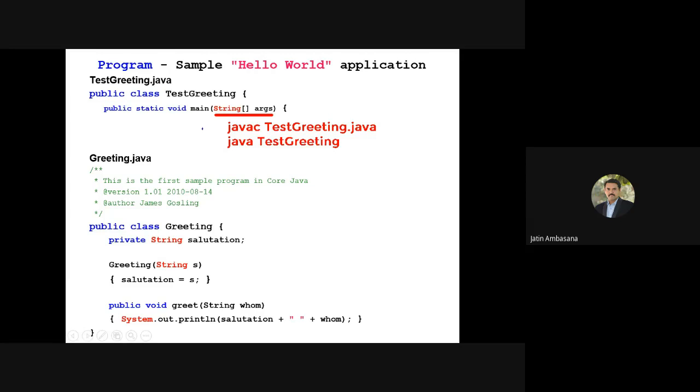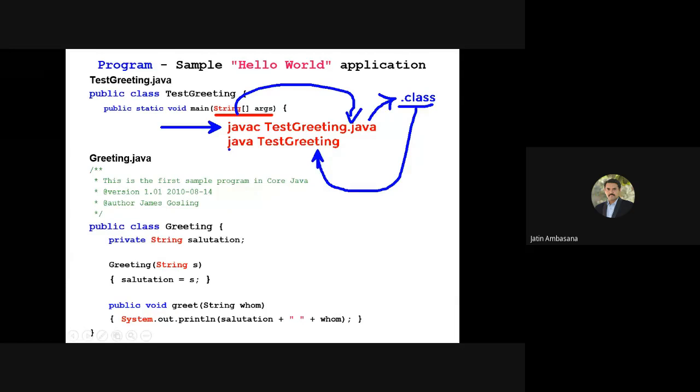Okay. So this will basically invoke the Java compiler, and it will take this file and generate the test greeting dot class file. It will generate a dot class file, and that dot class file is used over here, along with this java command.